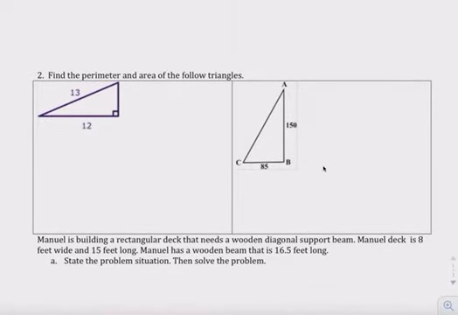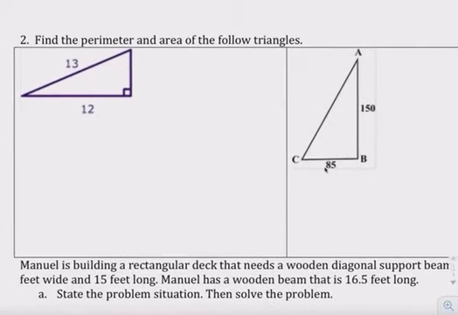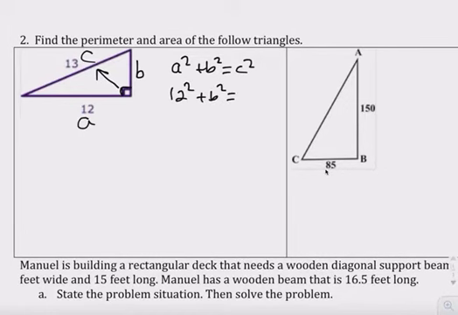Okay, and we did the rest in class. The perimeter, area, you should not have any problem. Okay, the only one here, you're missing b, right? So a squared plus b squared equals c squared. Oh, no, that's not a. This is a, b, and this is c, this is pointing to c. So a is 12 squared plus b squared equals 13 squared. 144 plus b squared equals 169, I believe.